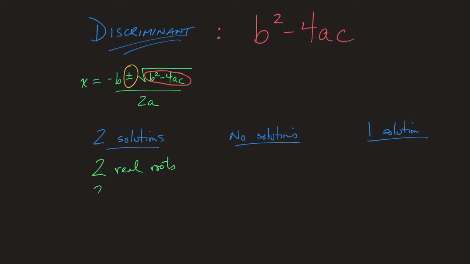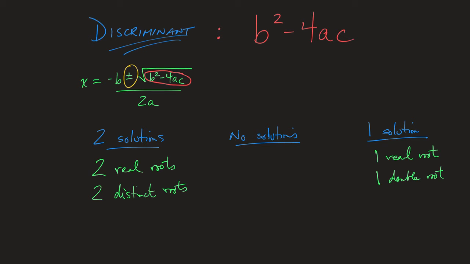It could also say like 2 distinct roots. Distinct roots. To say that those 2 roots are different. And that leads us down to the last column, because sometimes what you'll see is 1 real root for 1 solution, or like 1 double root. To kind of say like you get a root, it just shows up twice.